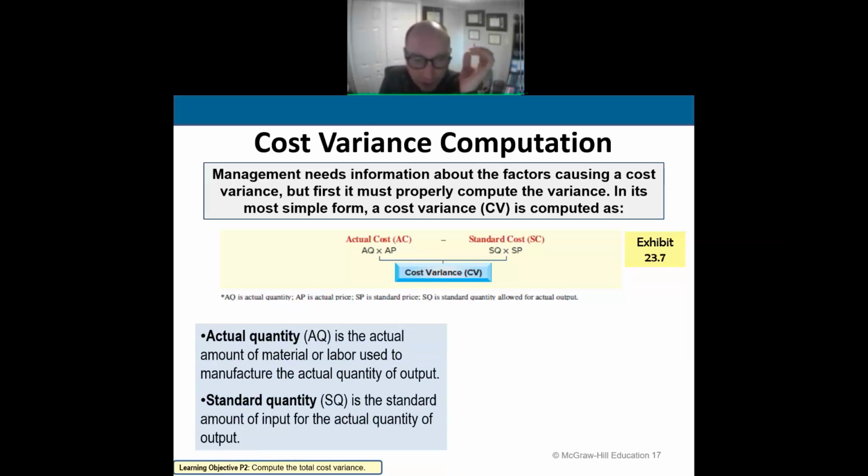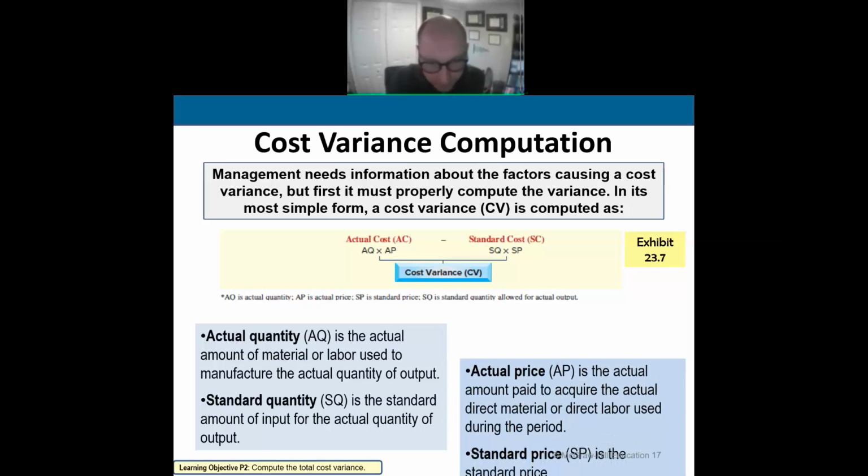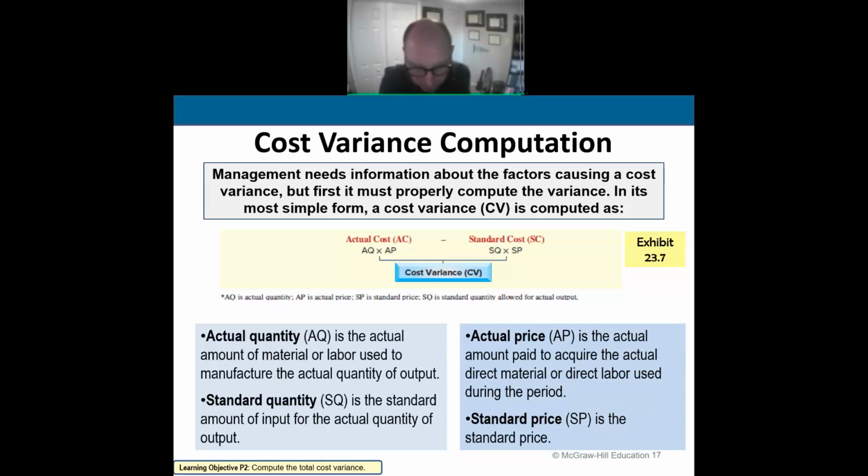So actual quantity, that's the amount of actual materials or labor that I used, times my actual price, which is the amount that I actually paid for the materials or for the labor. So those are my actual costs.